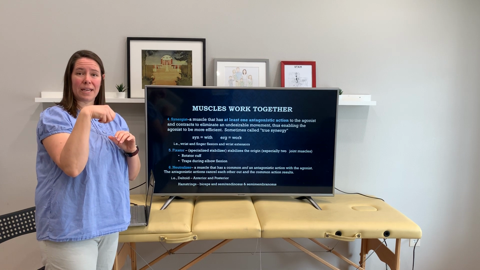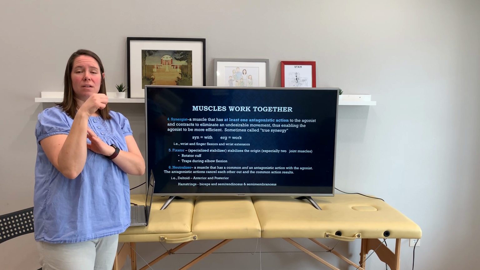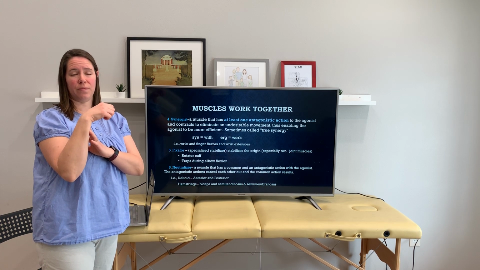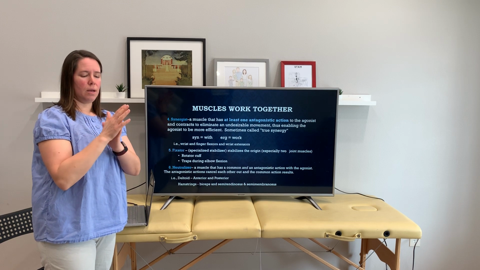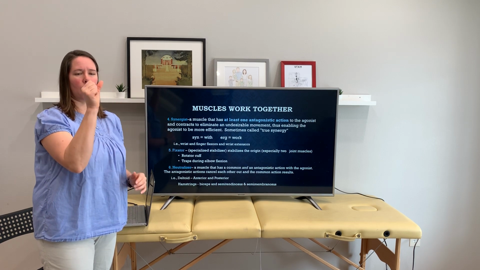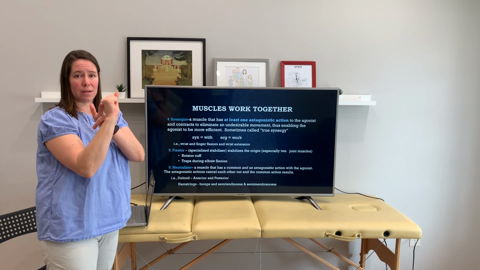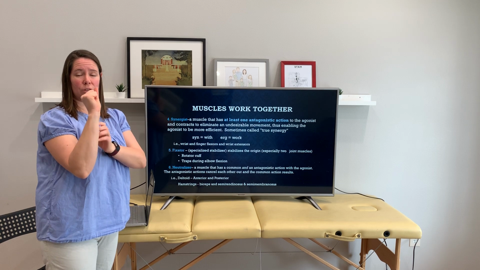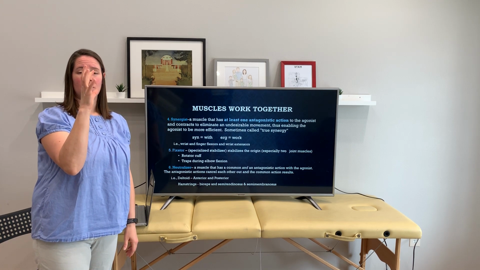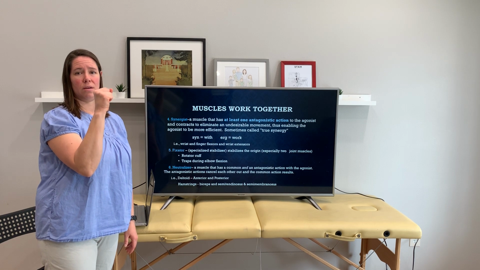But once I get my wrist into too much flexion, my fingers are less able to close. And think about why that is. We'll come back to it. So I need my wrist extensors to contract, which keeps my wrist in extension so that my finger flexors can grab onto that tightly.